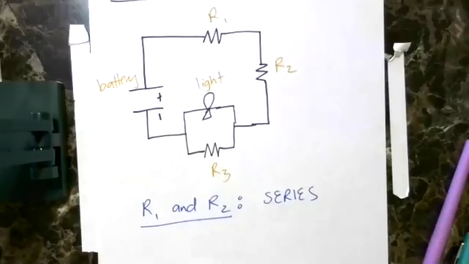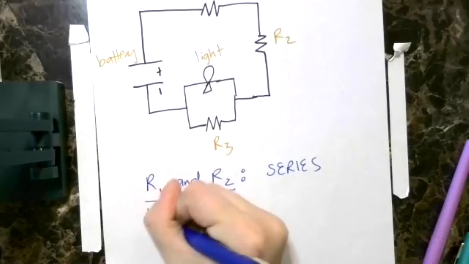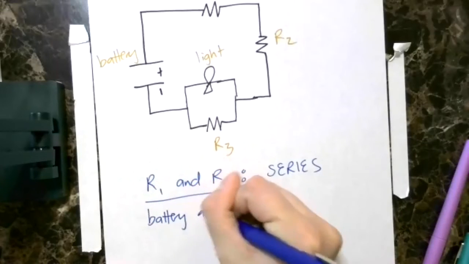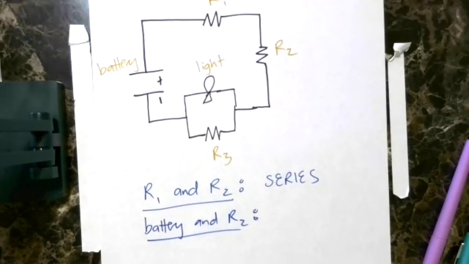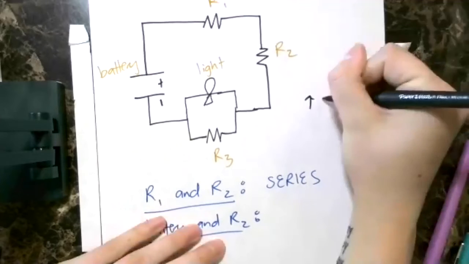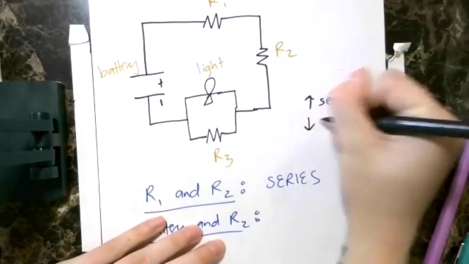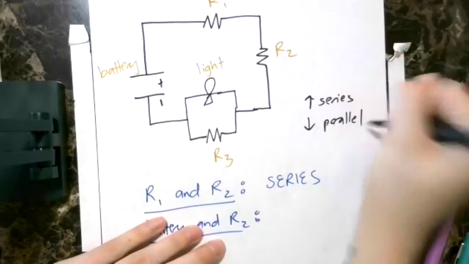What about the battery and R2, resistor 2? How about this? For these, can y'all give me a thumbs up for series and a thumbs down for parallel?